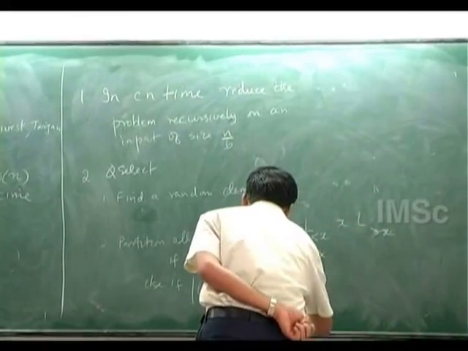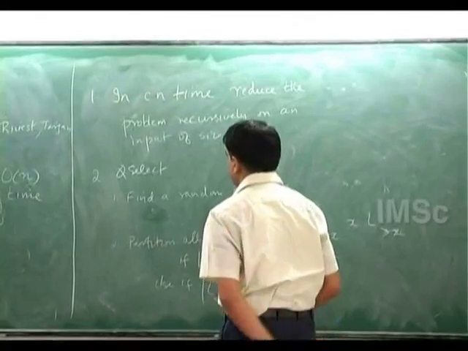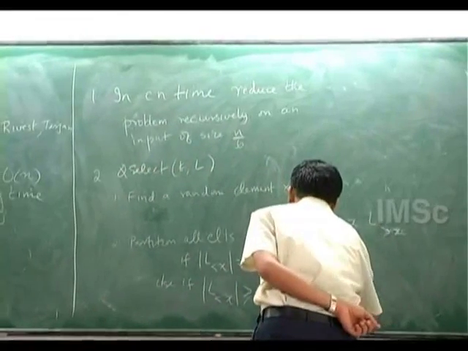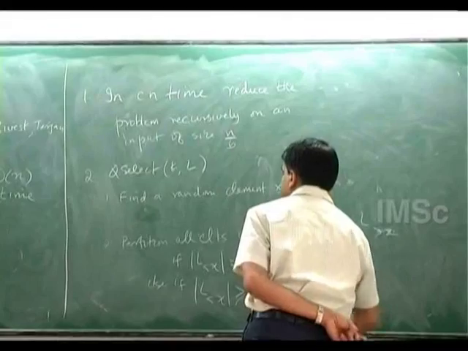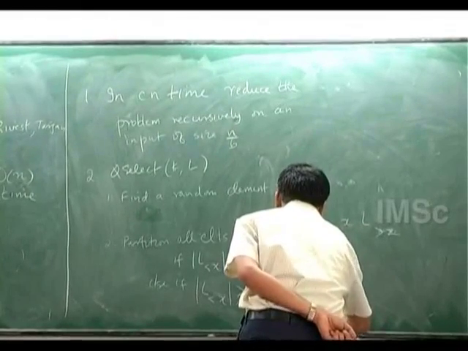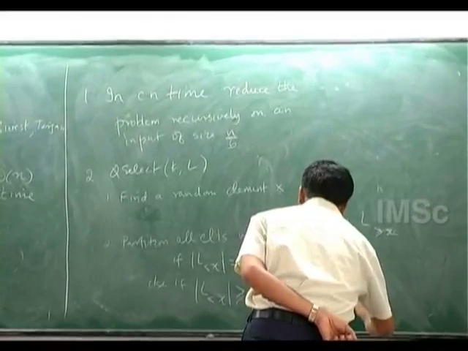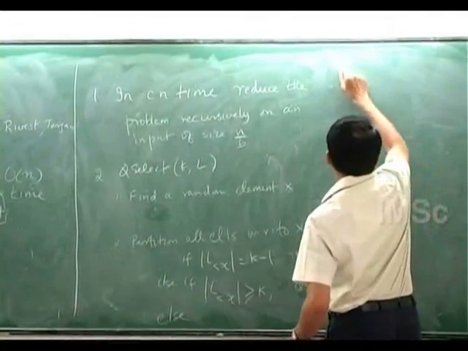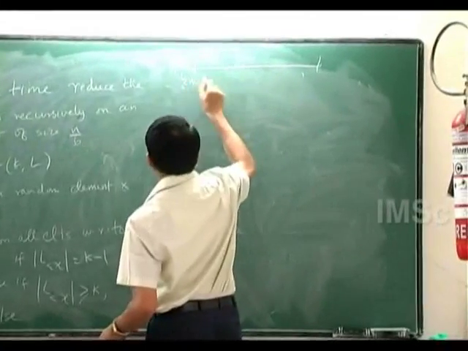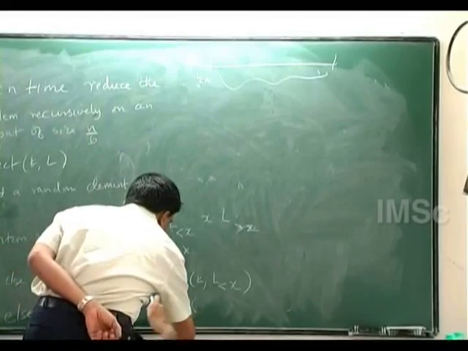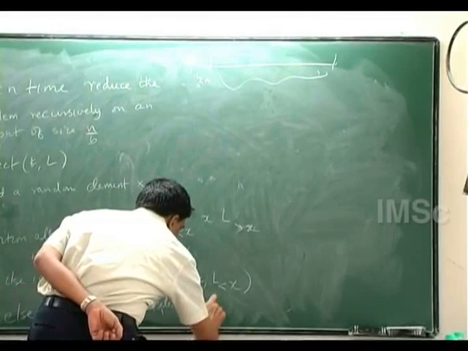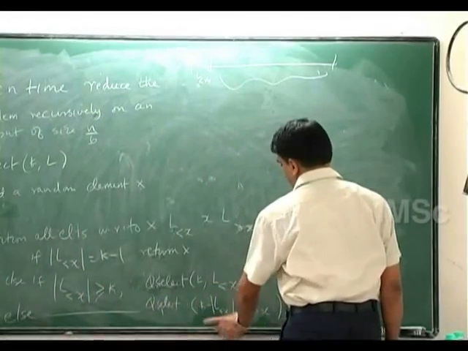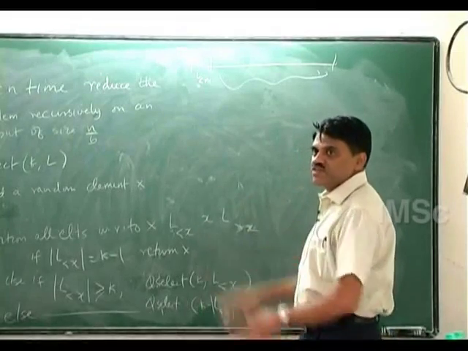So I want to find the kth smallest in the list L, then return it. Otherwise, the right part is what I have: find in that list an element of the right rank, in the right position. So it's a recursive algorithm.